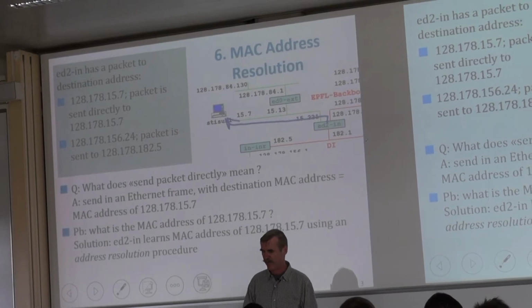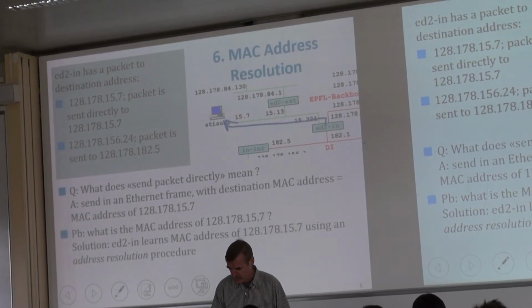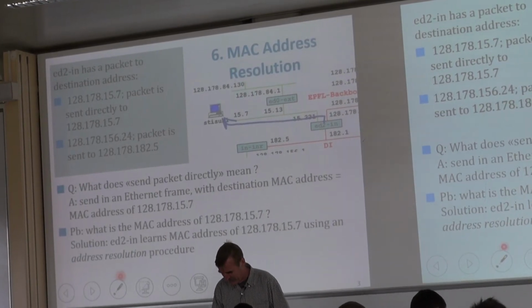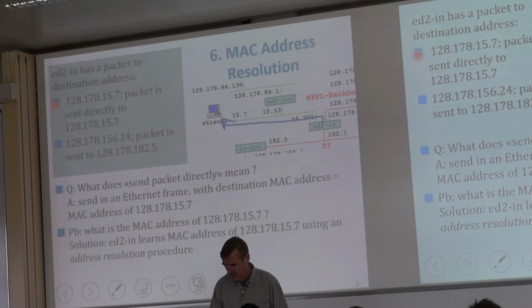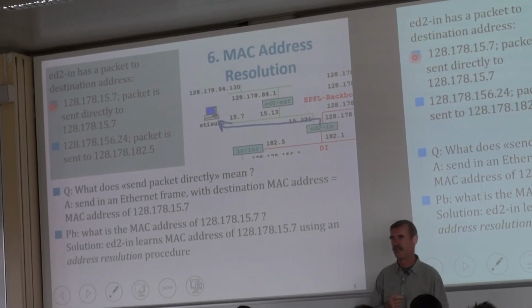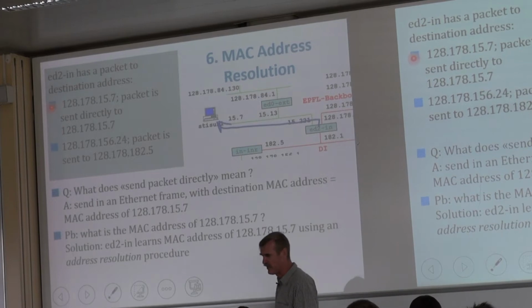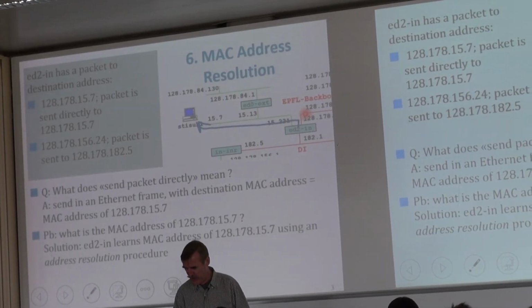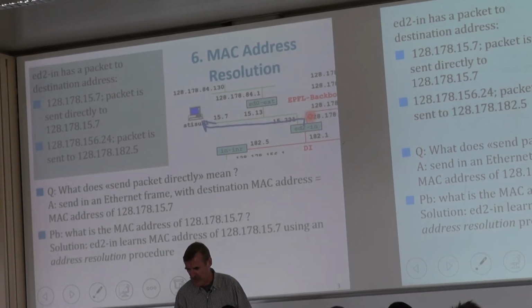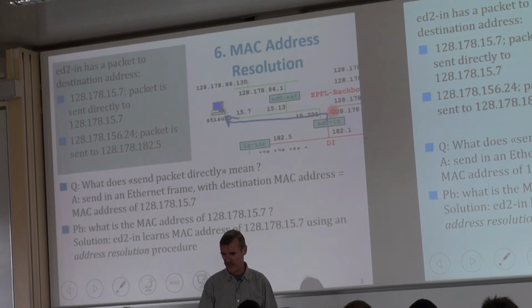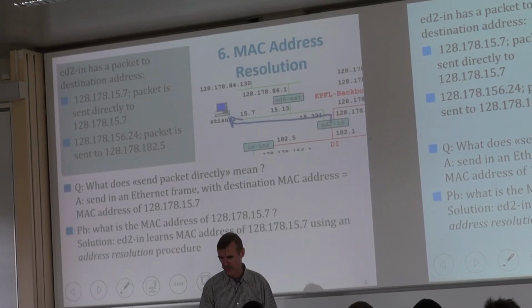We know that the IP algorithm says that if I am a router, for example, this machine here, ED2 in, I have a packet to send to that machine given by the blue arrow here.